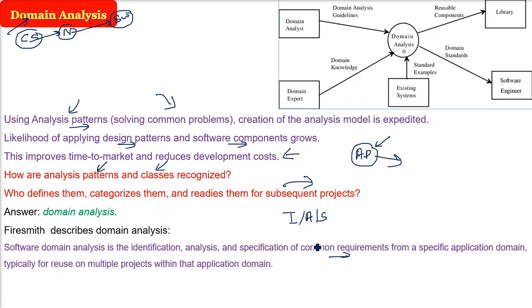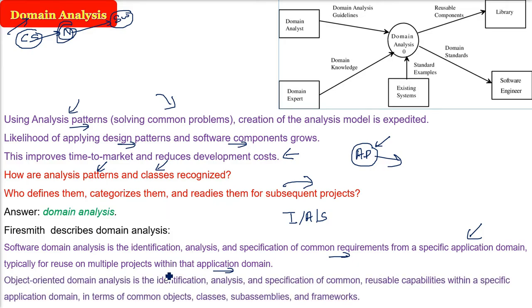And these are typically for reuse on multiple projects within that application domain. A networking software company can have multiple projects on networks. So software domain analysis is all about finding things so that they can be reused, right? So it is all about identification, analysis, and specification of common requirements.